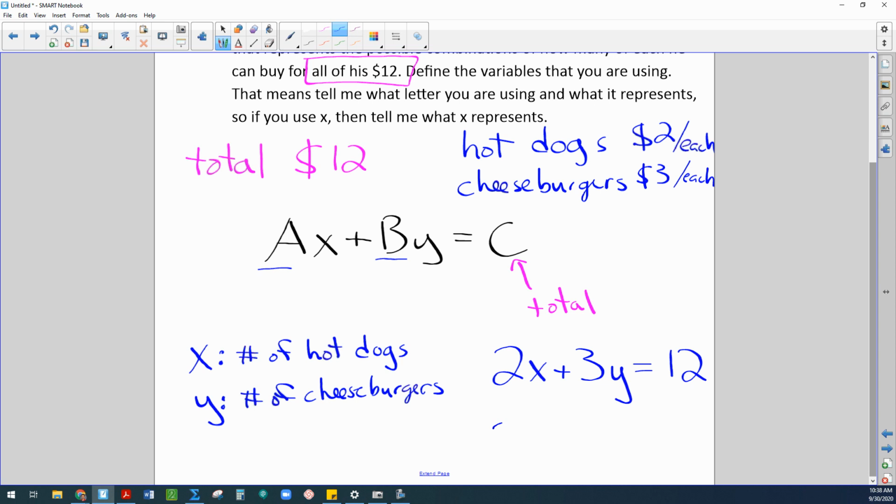And I could have also done something like 2H plus 3C equals 12. And then just said H is the number of hot dogs, C is the number of cheeseburgers.